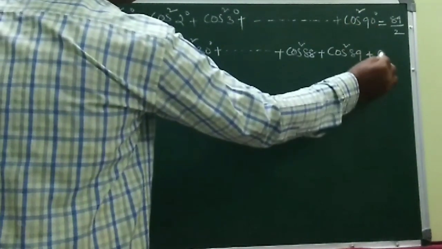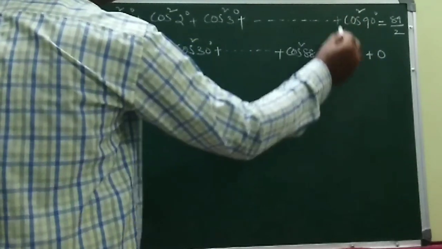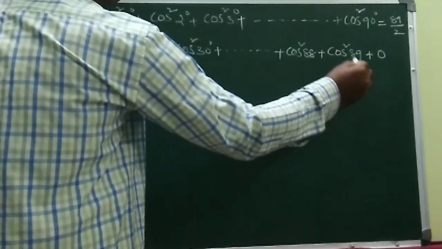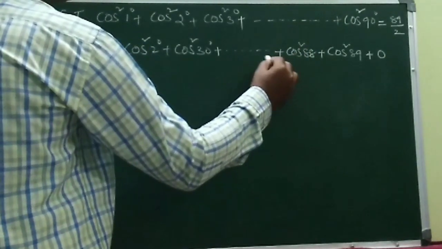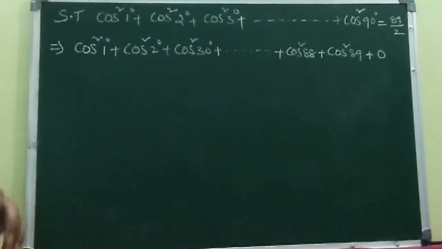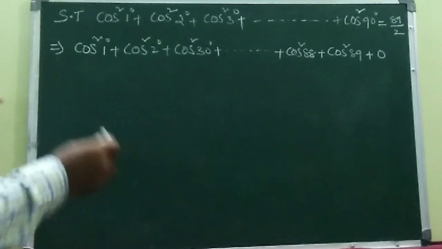So this is 0, I can write it, and before 90 there will be cos square 89, and before that cos square 88, and before that cos square 87, etc. Isn't it? Fine.